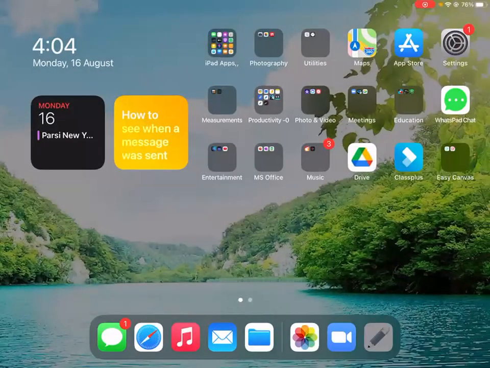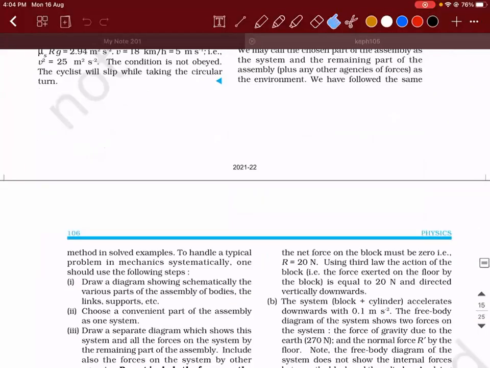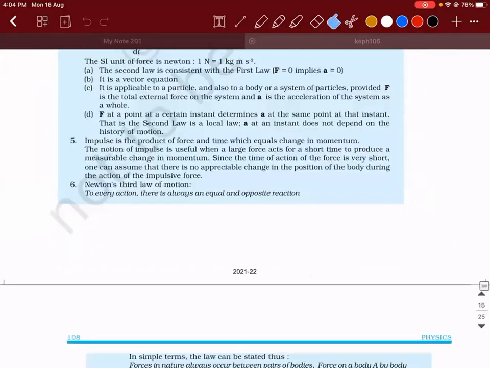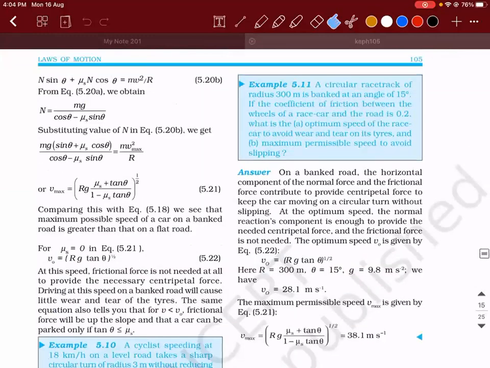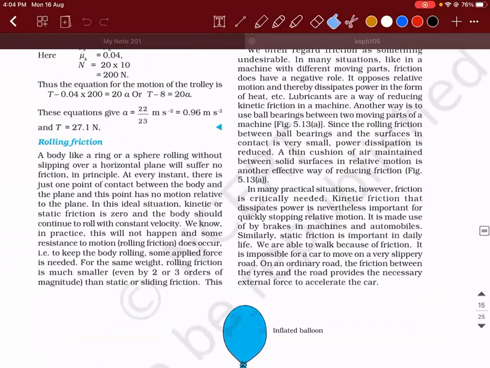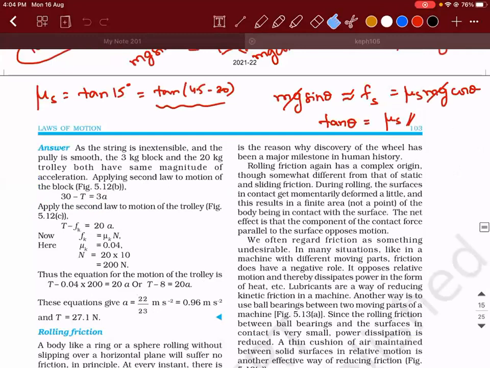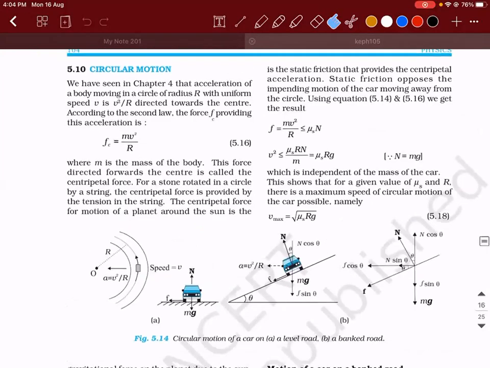This will be the last topic of this chapter. With that, we are done. So the last topic of this chapter is circular motion.